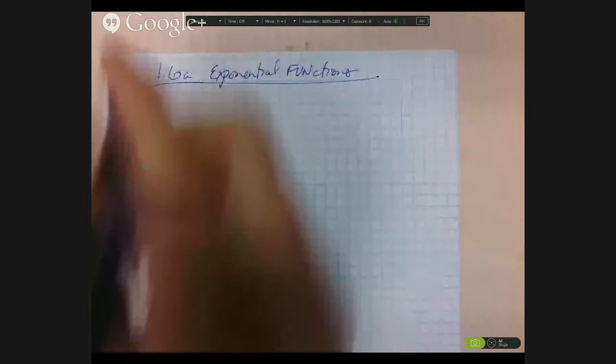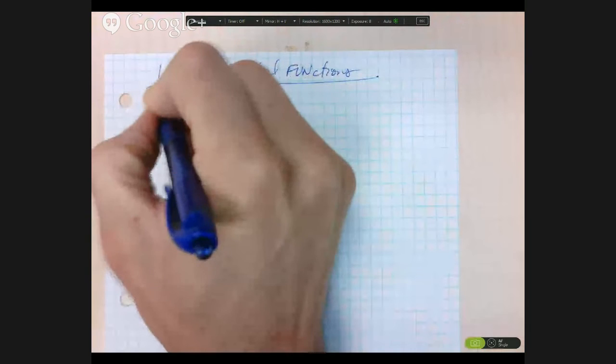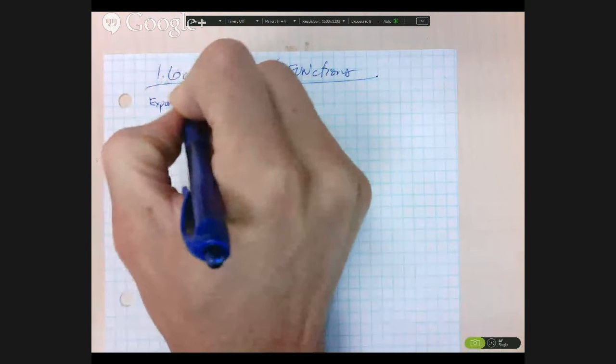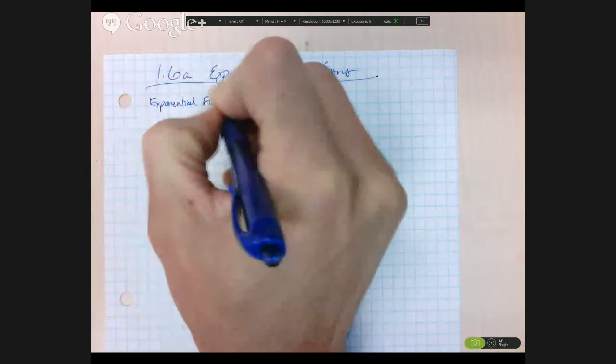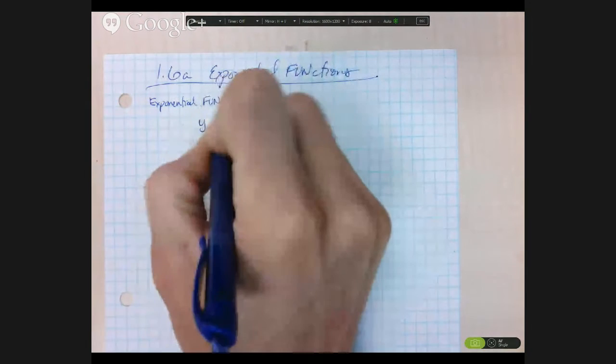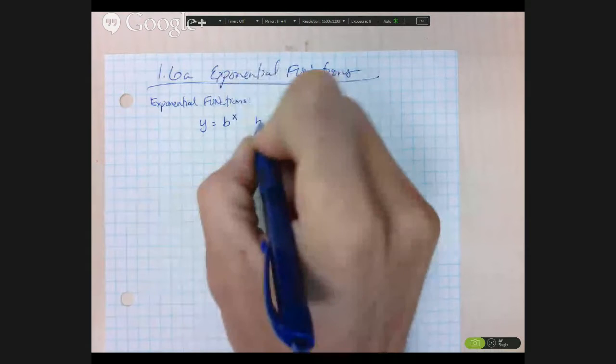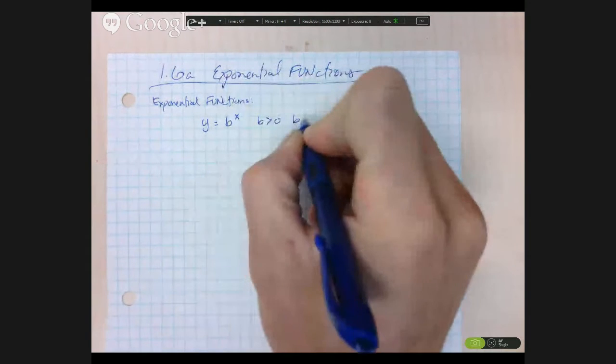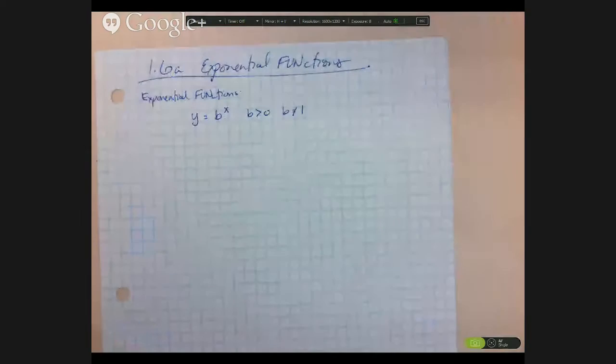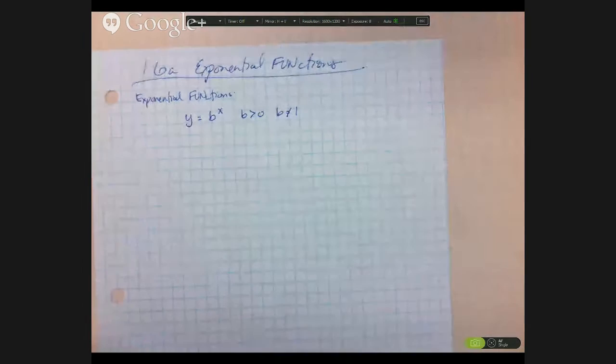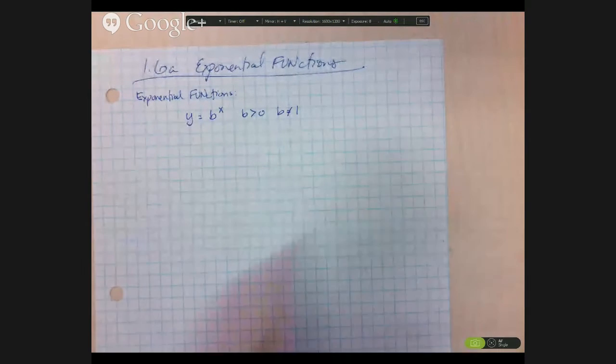So an exponential function, don't forget to put the fun in functions, is of the form y equals b to the x. B is greater than 0, and it cannot be equal to 1.